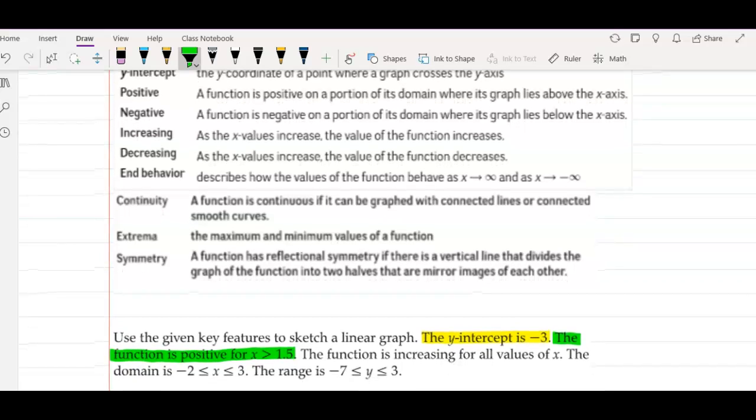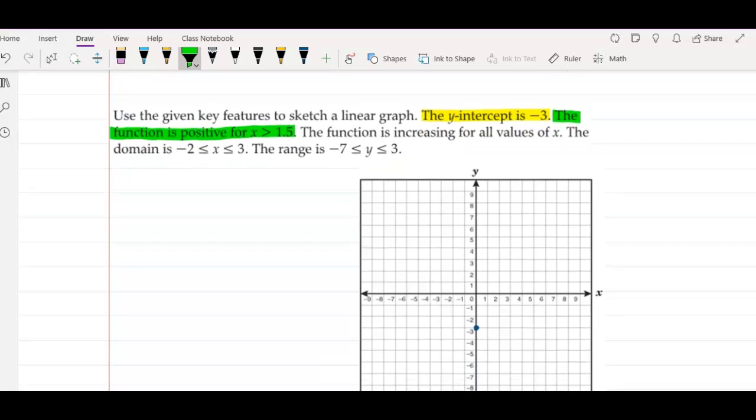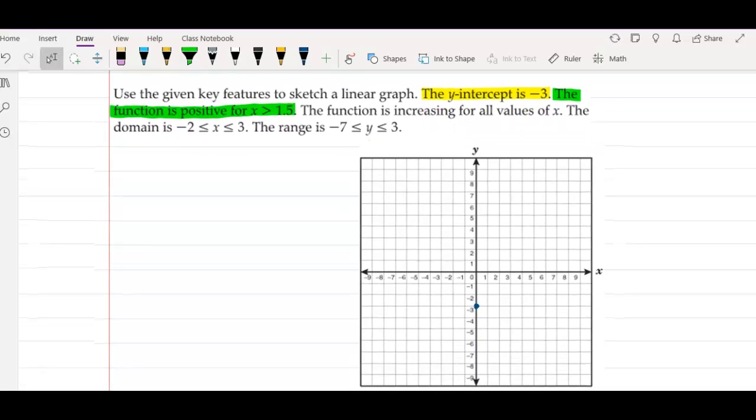A function is positive on a portion of its domain where the graph is above the x-axis. That's the one where I said think of it as above the water. So when x is bigger than 1.5, this graph is going to be above the x-axis. So here's 1.5, so it's up here somewhere. And before 1.5, it's below the x-axis. So I'm going to keep 1.5 marked here.